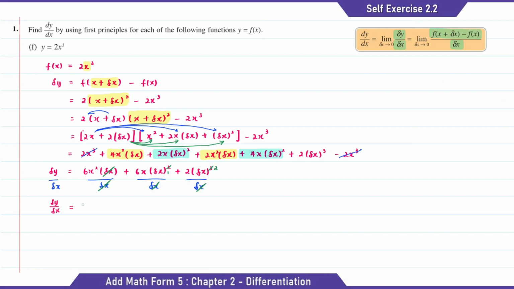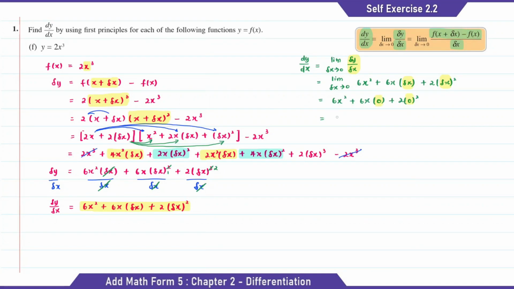So delta y over delta x is equal to 6x squared plus 6x delta x plus 2 delta x squared. To find dy/dx, we're going to substitute the delta y over delta x here with this. As delta x approaches 0, the delta x here we're going to replace with 0. So dy/dx is equal to 6x squared.